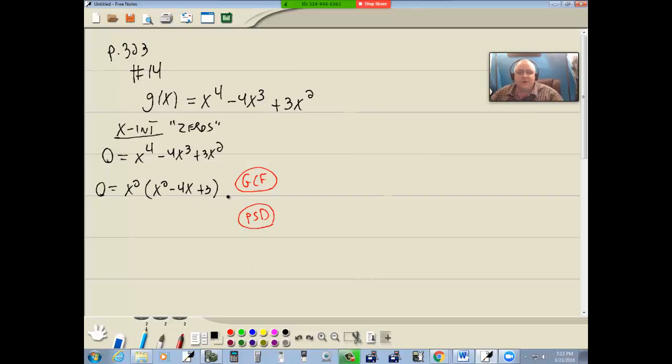Now x squared minus 4x plus 3, I can factor that using the PSD method. So that factors as x minus 1 times x minus 3. Now the zero factor property: if you got 0 on one side, you factor the other side, you can set each factor equal to 0. So I'll set x equal to 0, I'll set x minus 1 equal to 0, and I'll set x minus 3 equal to 0.